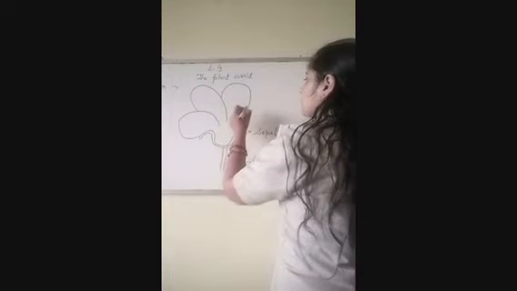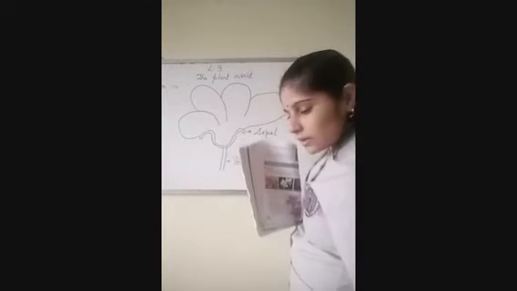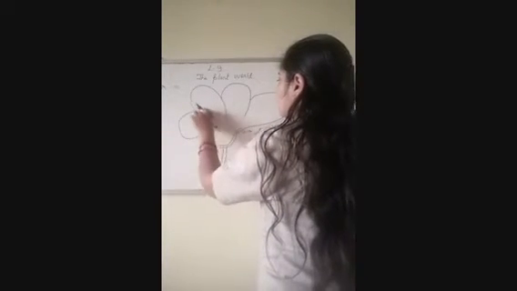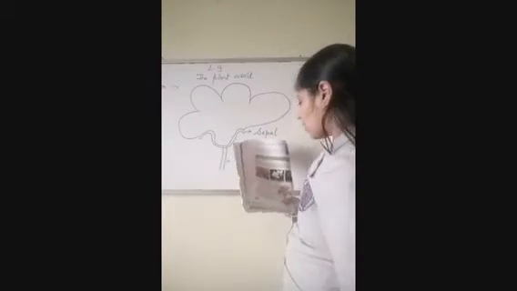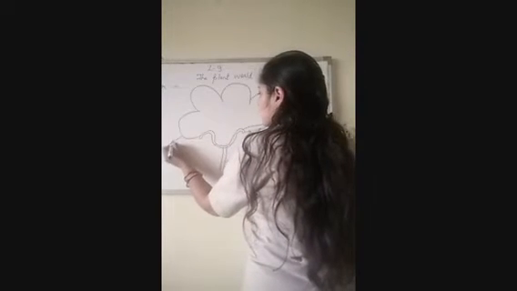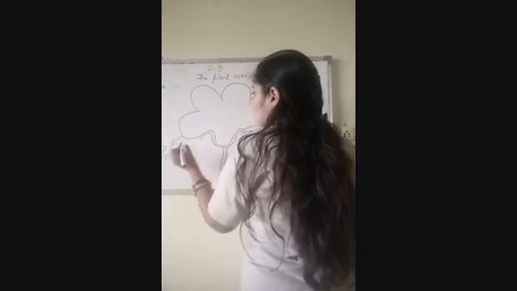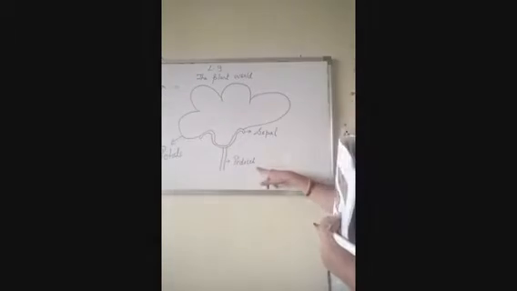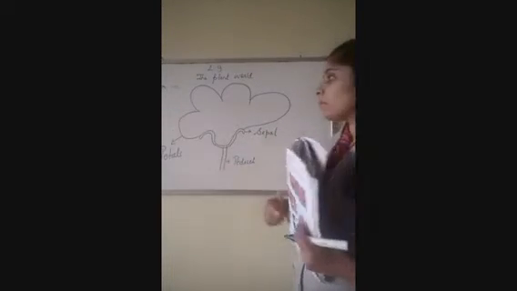These are the colored part of the flower which provide the color to the flower, and these are called as petals. I am writing it here. So pedicle, the green part is sepal, then you are having petals.